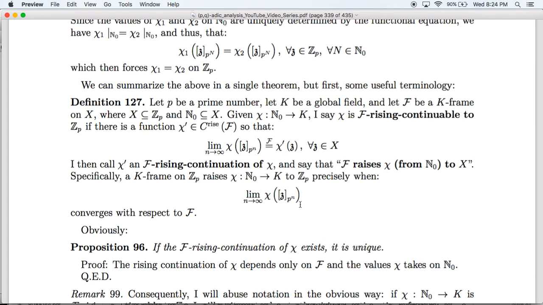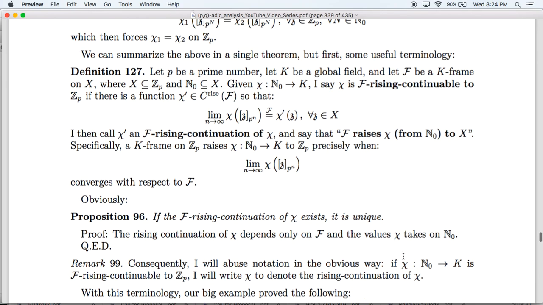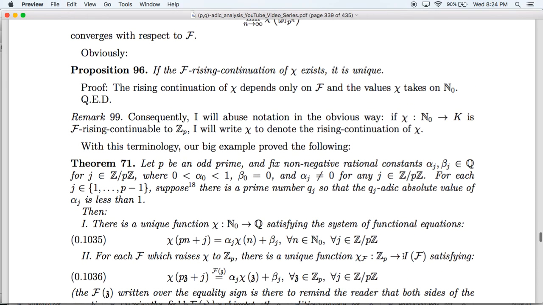This is because it depends only on F and the values that chi takes on N_0. Consequently, I'm going to abuse notation the obvious way, and I will write chi to denote both the function on N_0 and its rising continuation.